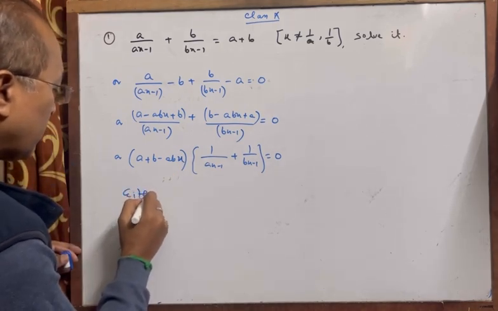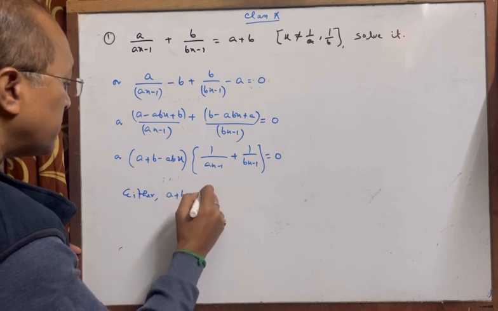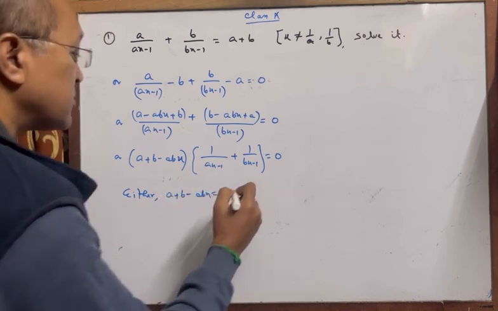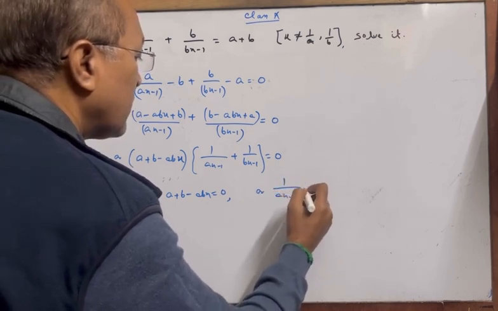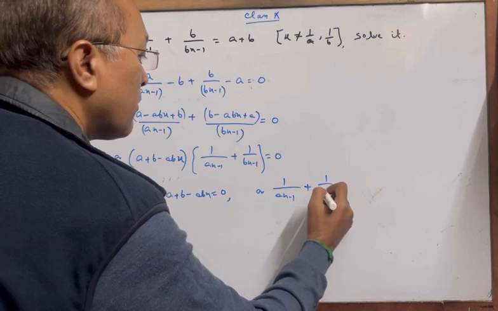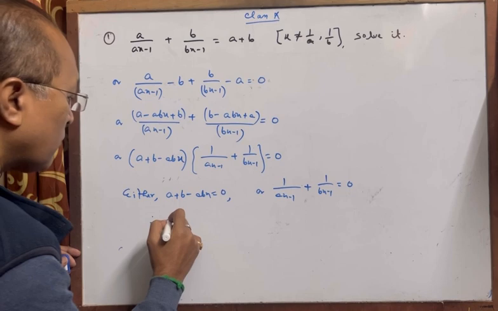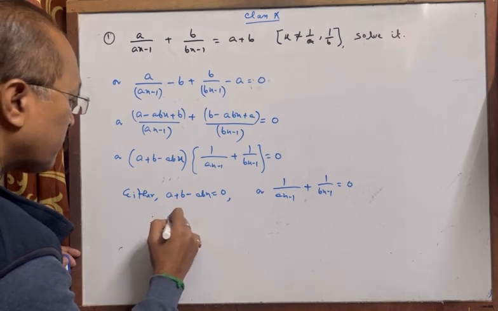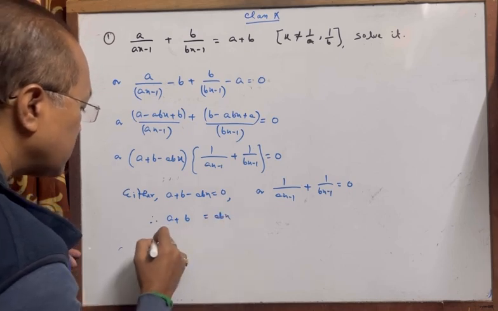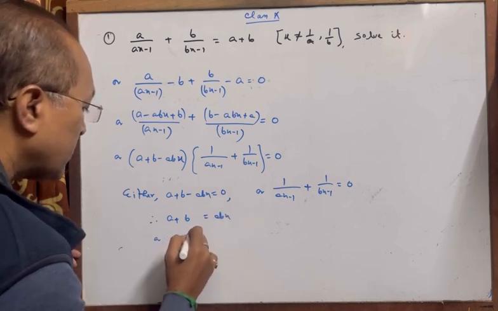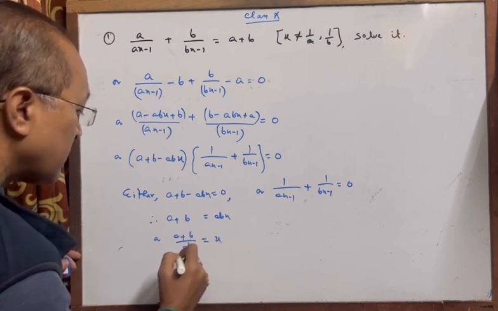Either a plus b minus abx is equal to 0, or 1 by (ax minus 1) into 1 by (bx minus 1) is equal to 0. Therefore a plus b is equal to abx, or (a plus b) by ab is equal to x.